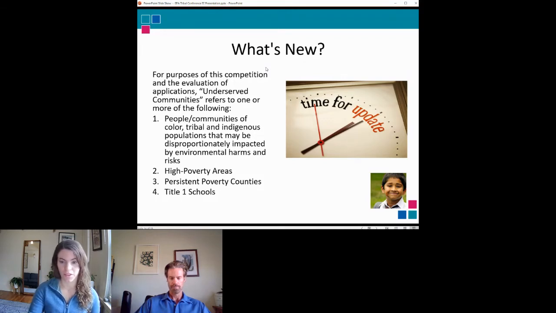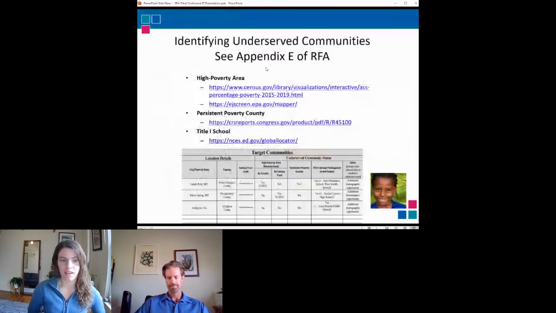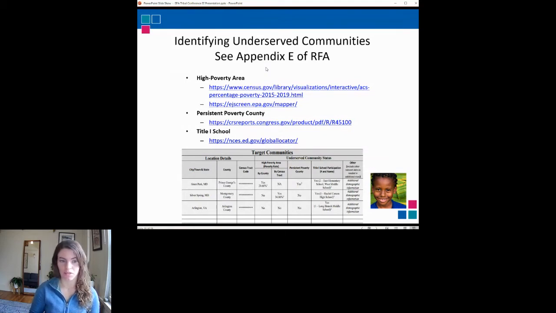So that's wonderful that that is a new focus. And there are some resources for helping identify underserved communities, to help in your grant application process to be able to communicate that, and some additional resources for how to include that in your application.